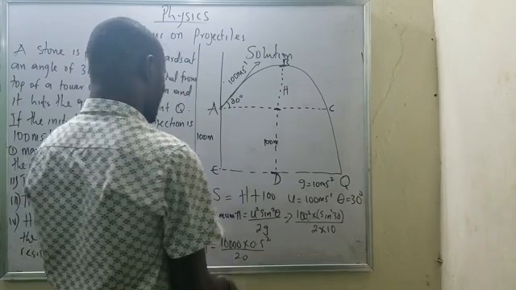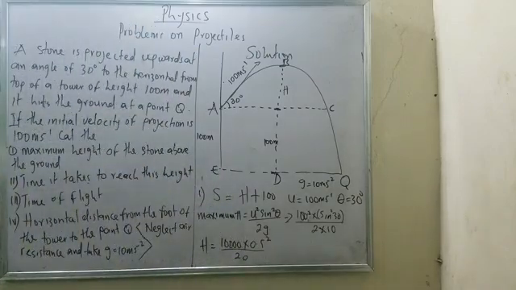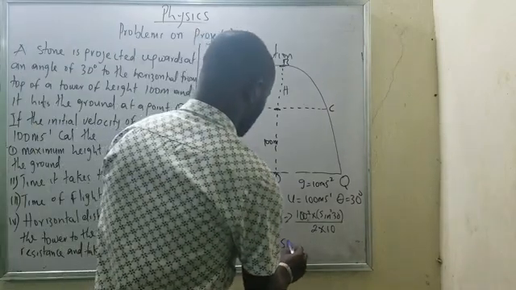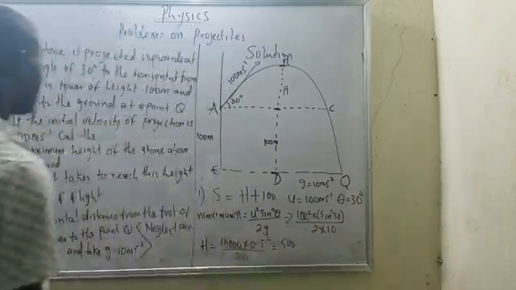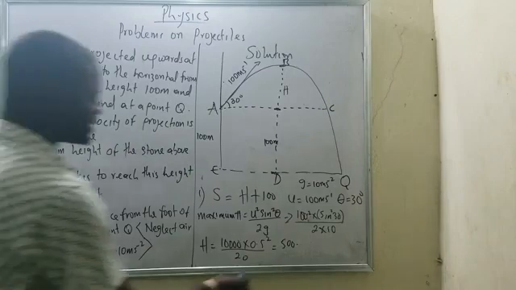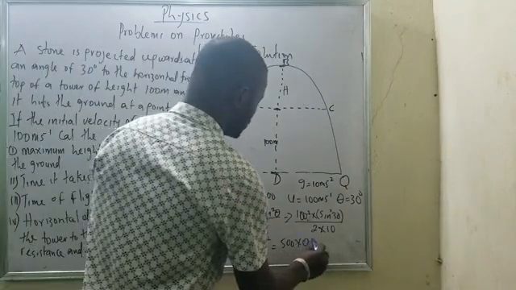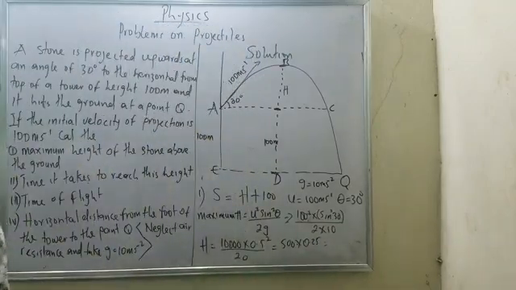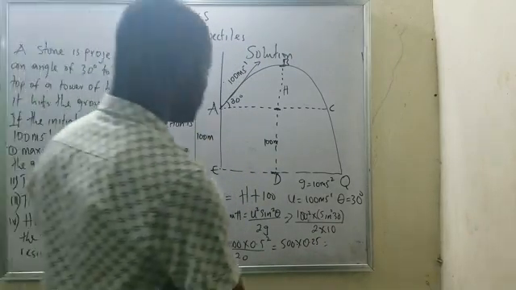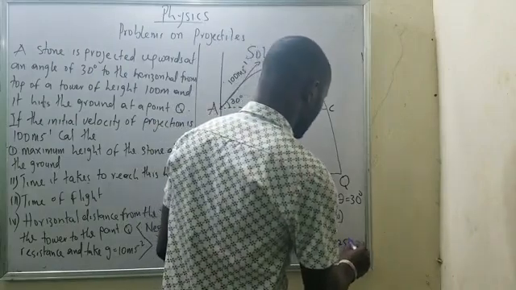With the help of my calculator, 0.5 squared is 0.25, so it will be 500 multiplied by 0.25, which equals 125 meters.